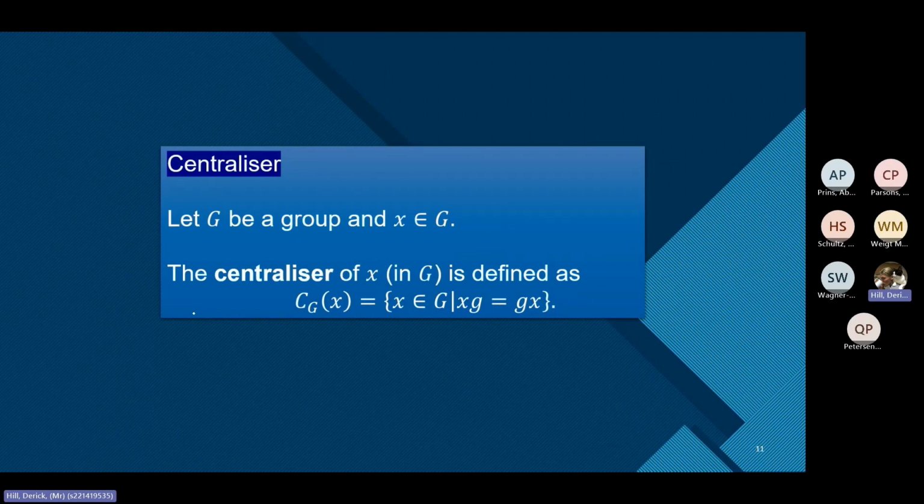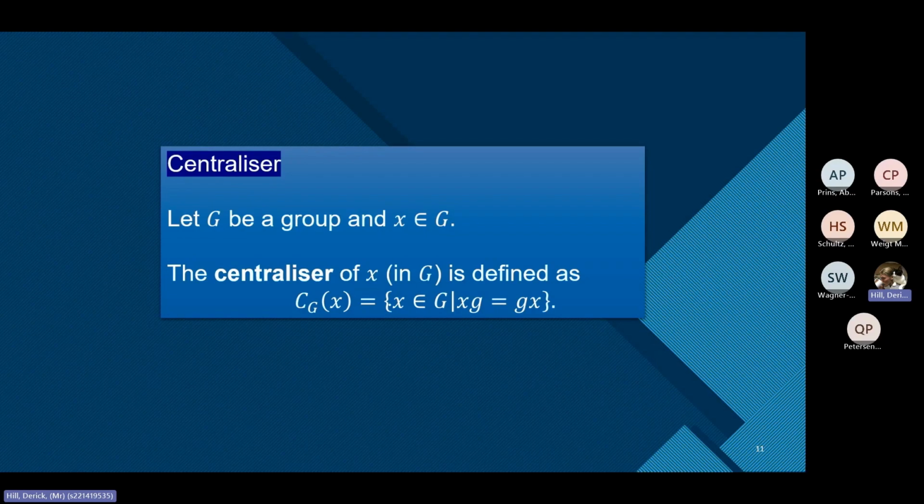So the centralizer of X in G is all the elements g in G such that xg equals gx. Sorry, I think this should be g an element of G. So it's all the elements that commute with our element X.